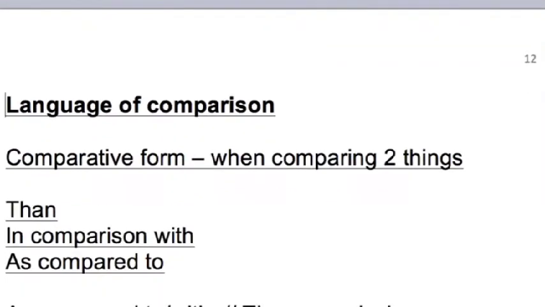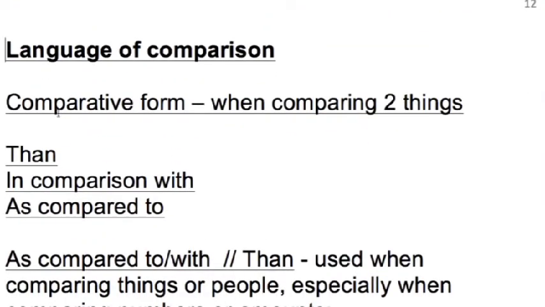When you are comparing two things, you use the comparative form of the adjective, and with that you will use the word than, or in comparison with, or as compared to. These are used when comparing things or people, especially when comparing numbers or amounts.